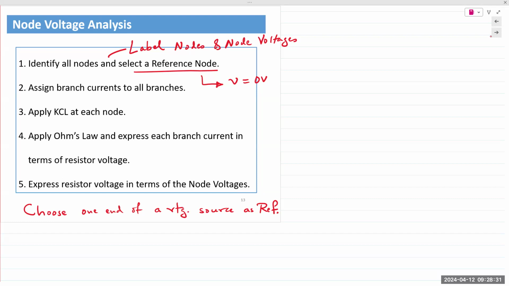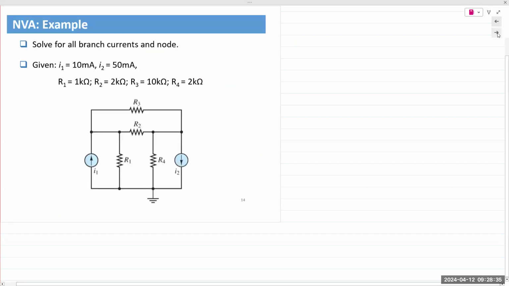All right, let's look at an example. How many nodes in this circuit? Ignore the ground that is shown. We don't care about that. How many nodes? 1, 2, 3, 4, 5, 6, 7, 8. How many of you say 8? Nobody?